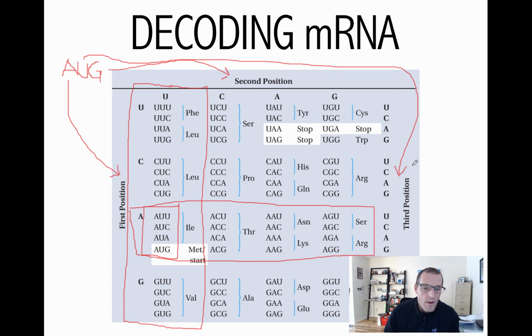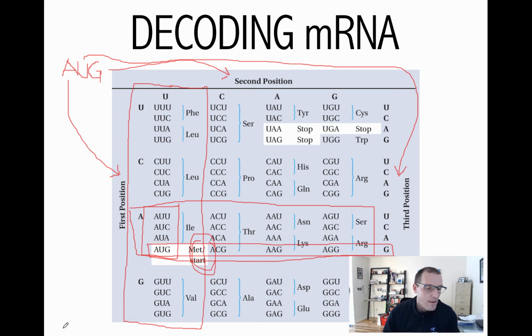So in this row and in this column we find what corresponds to G, and then we're dealing just with this bottom row here, and we can see that AUG corresponds to methionine, which is the first amino acid in all polypeptides.